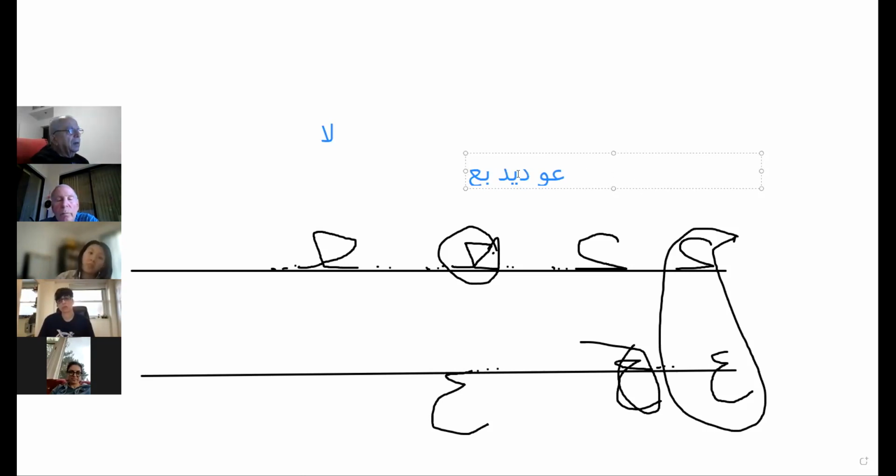What happened here is the keyboard thought that maybe the ayn is the last letter, so it wrote it as the last letter with the upside-down triangle with the tail.